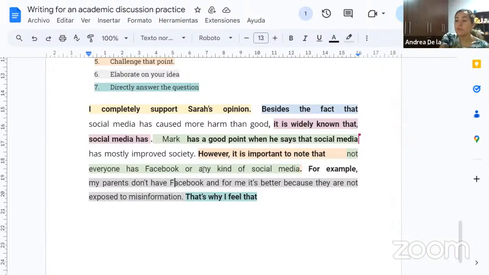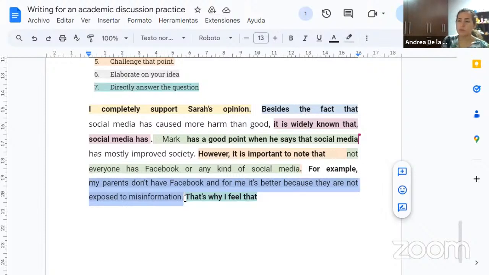And then you will have to say, for example, and talk about one detail or one thing that maybe you could illustrate that part of misinformation. Maybe you could say, for example, during the COVID-19 pandemic, many unempathetic people were spreading wrong information, or I don't know.